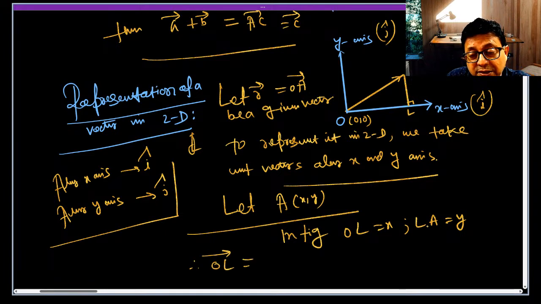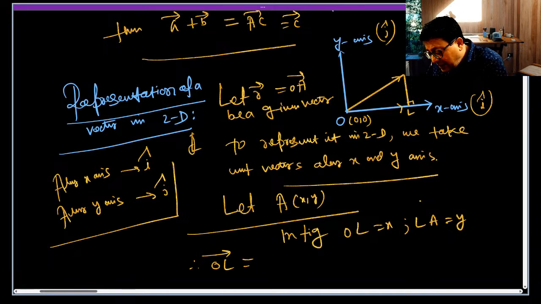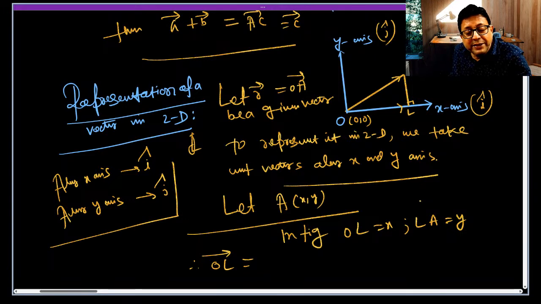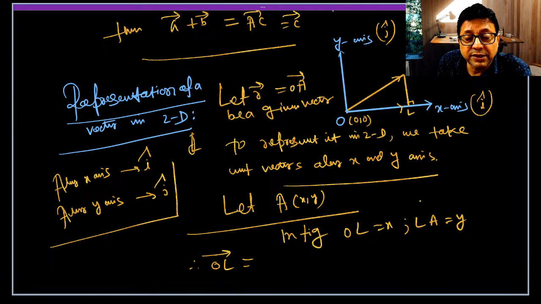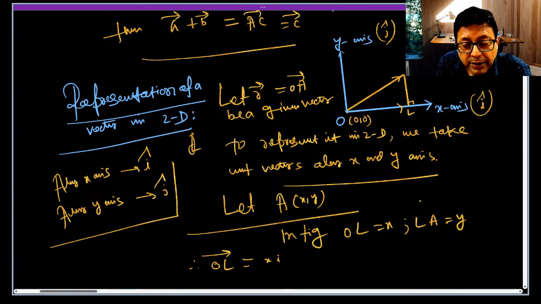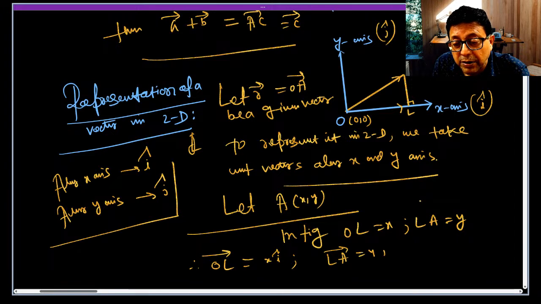So what is OL vector? The magnitude given. We want to change this one into vector. We need a unit vector in that direction. What is it? That is I cap. Unit vector in that direction is I cap. Okay? So OL vector going to be x into I cap. LA vector going to be what? Y into j cap.